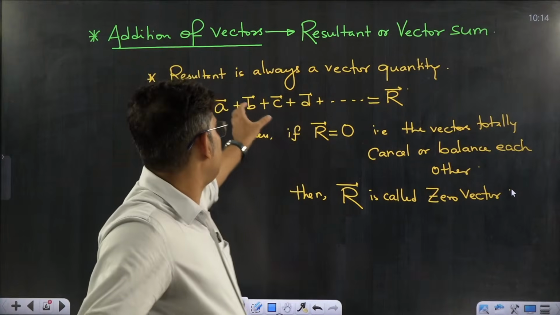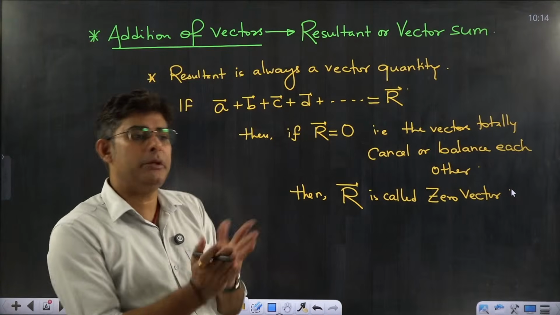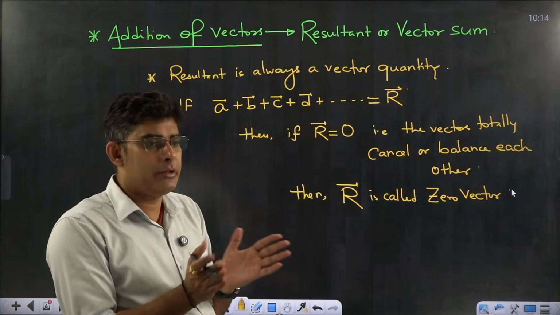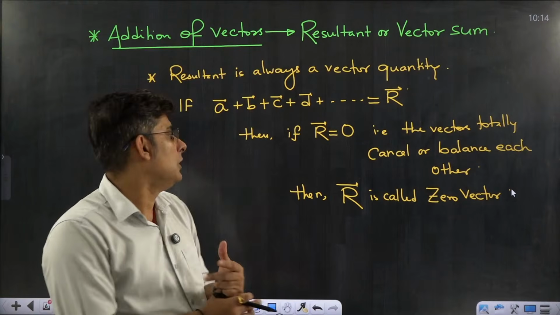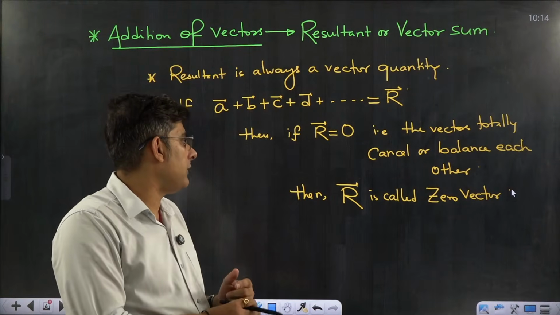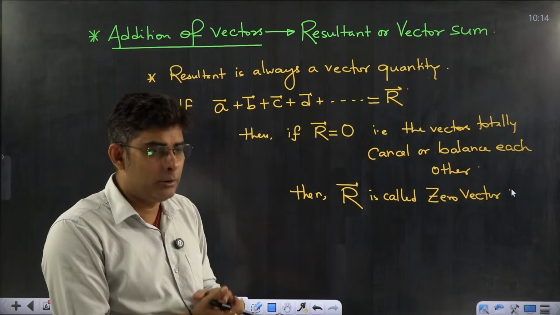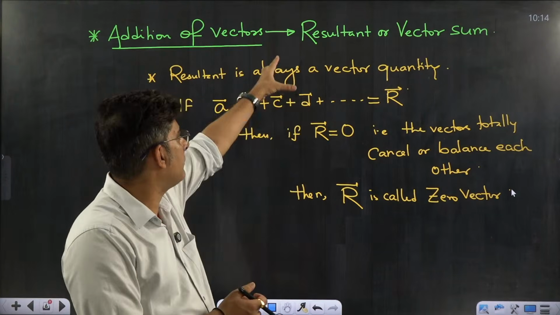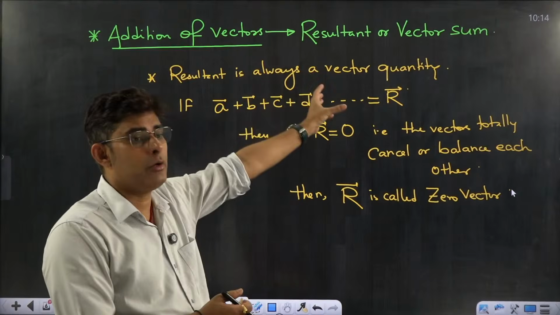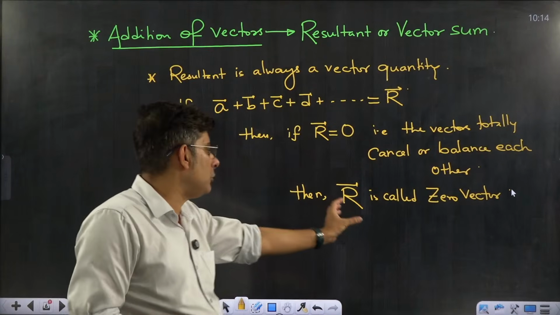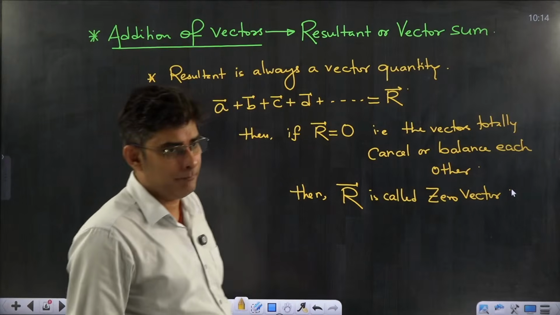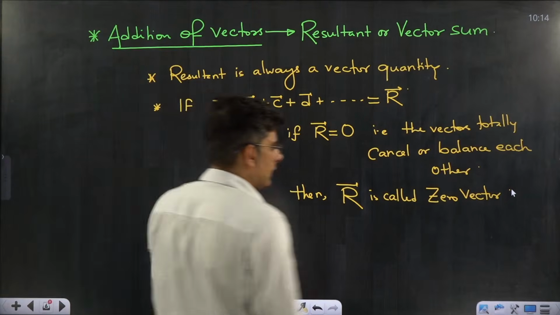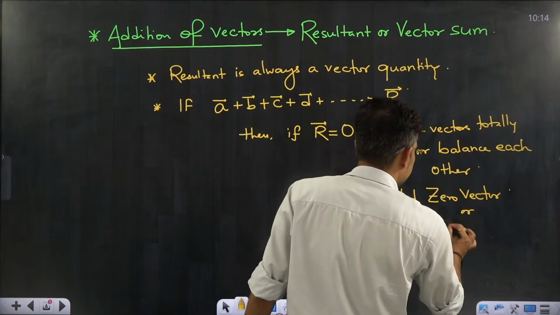If minimum 2 or more vectors totally cancel each other, then whatever resultant you are getting is 0. Since we have said that the resultant is a vector quantity, we are bound to give a name to that resultant also as a vector. So 0 vector or null vector.